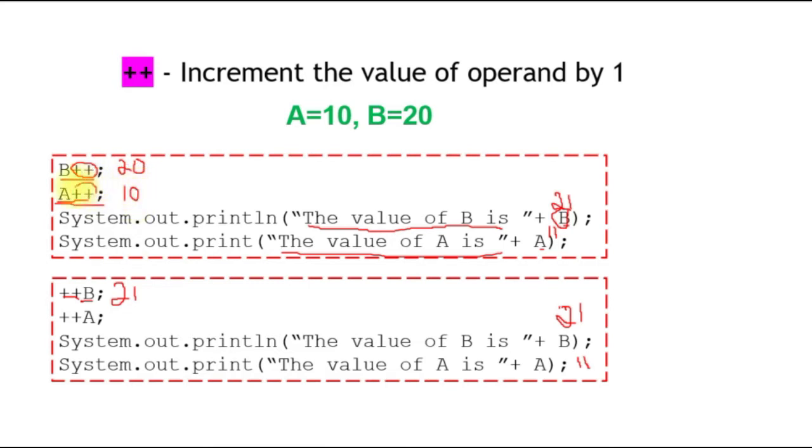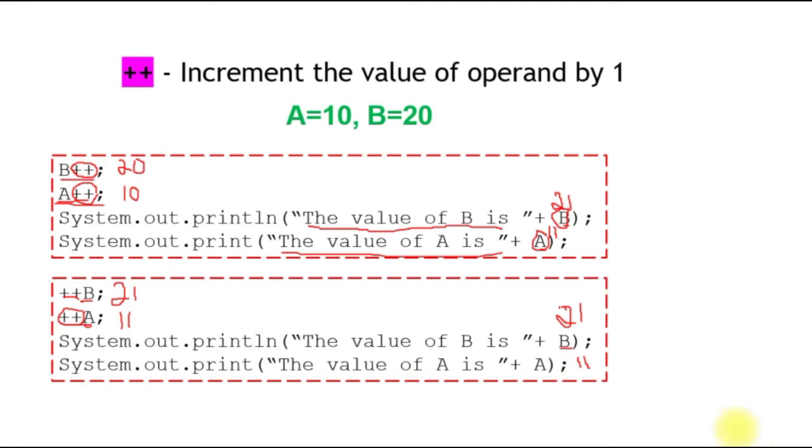Kasi nga, saka lang siya mag-a-add kapag may nakita siyang a na susunod na variable. So kapag in-output mo yung a, the answer is 10. Next is plus plus a. So plus plus a is, dito pa lang, the value of a is 11. Kasi nga, nag-add na siya ng 1 bago pa nilagay yung value sa variable a. So dito, the value of b is, ano yung value ng b? 21 pa rin. The value of a, 11 pa rin.